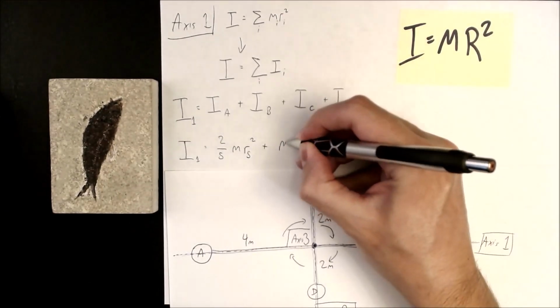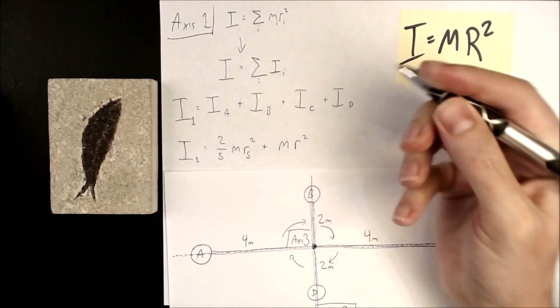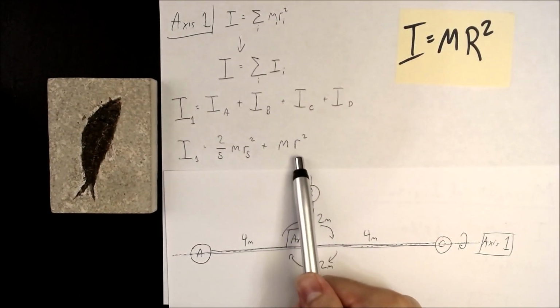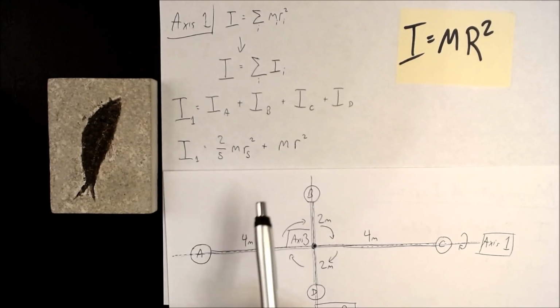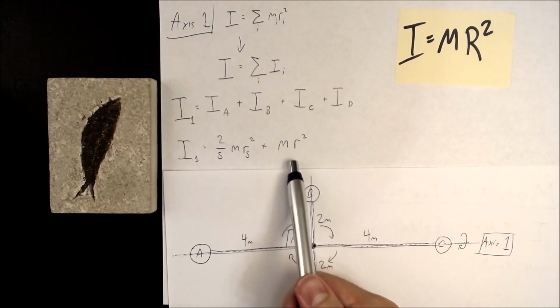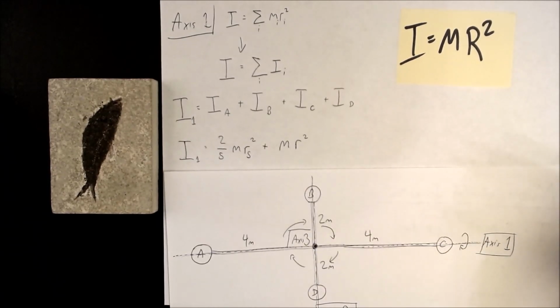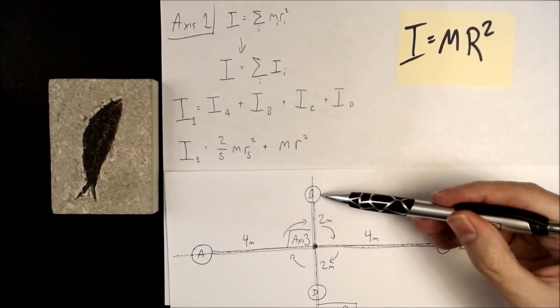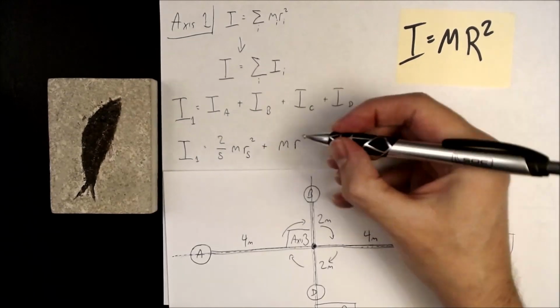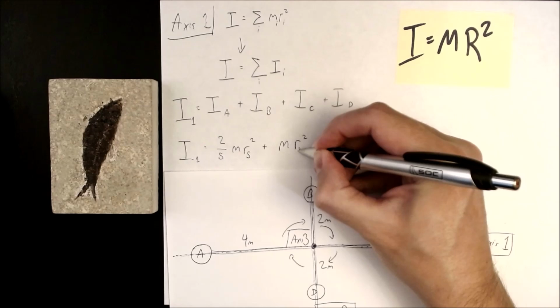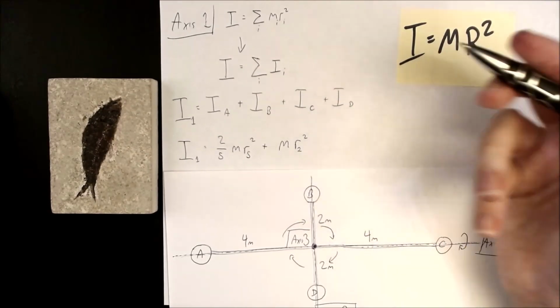So that's just going to be mr squared. And then what radius are we going to use for this? I'll give you a second to think about that. Well, we have to use the radius that that object is from the center of rotation. Object B is 2 meters from the center of rotation. So I'm going to remind myself of that by putting a tiny subscript 2 on there.